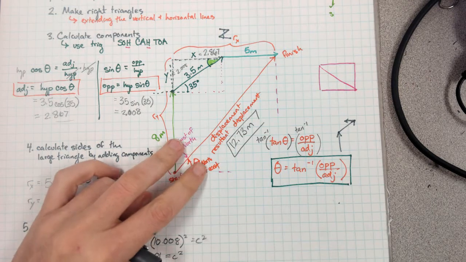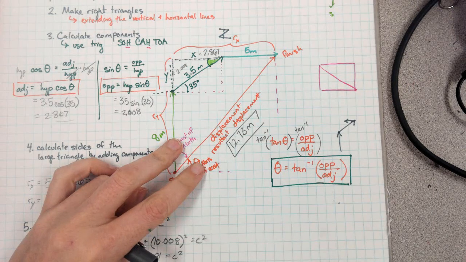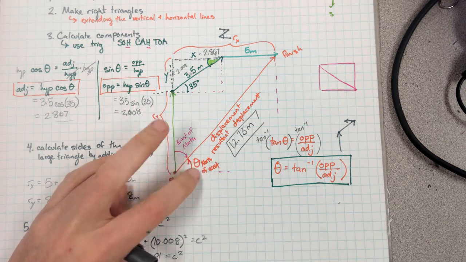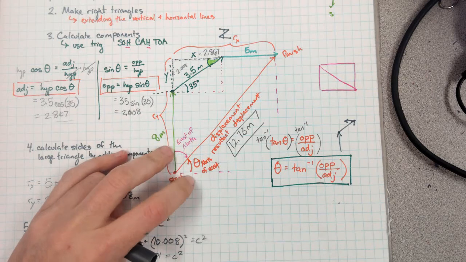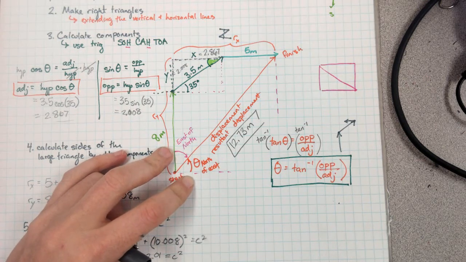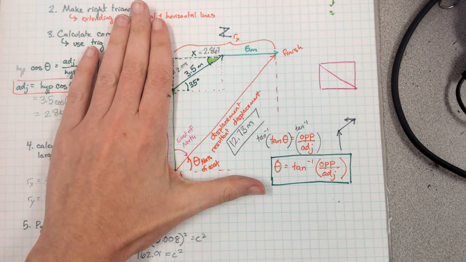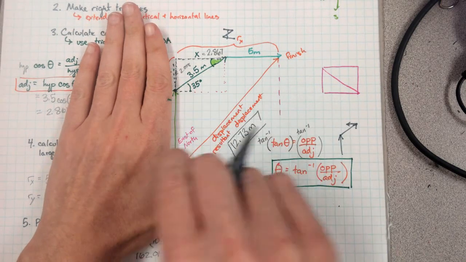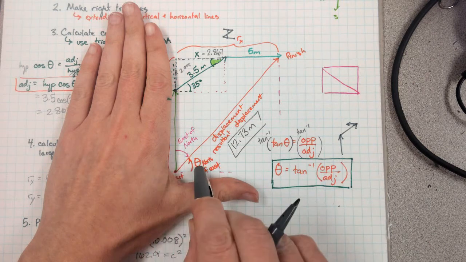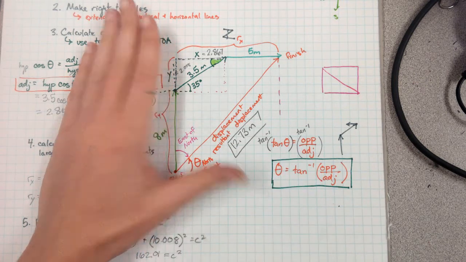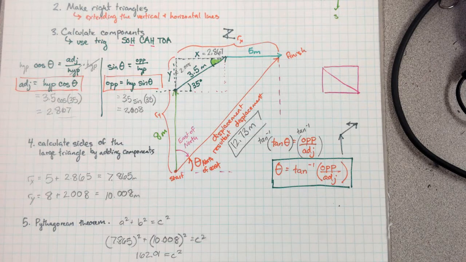One trick with these is they should always add up to be what? Whether you find this one or this one, they should always add up to be 90 degrees, right? So if you find one and you're not sure if it's correct, and then you flip it around and you find the other, then they should add up to be 90 degrees.